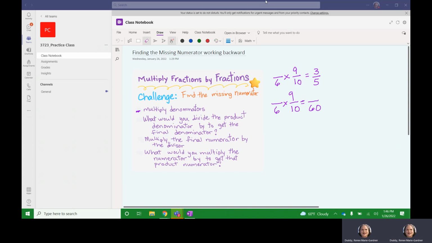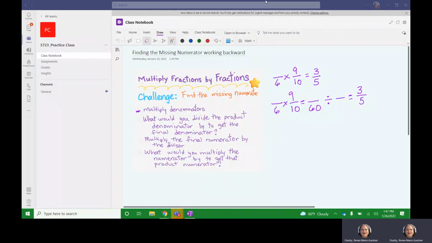Great job. Now I know that what I'm going to do to my 60 is divide it to get an equivalent fraction in lowest terms. So the end result, my lowest term, will be 3/5. But I've got to figure out, what do I do to 60 in order to get 5? What do I divide 60 by?